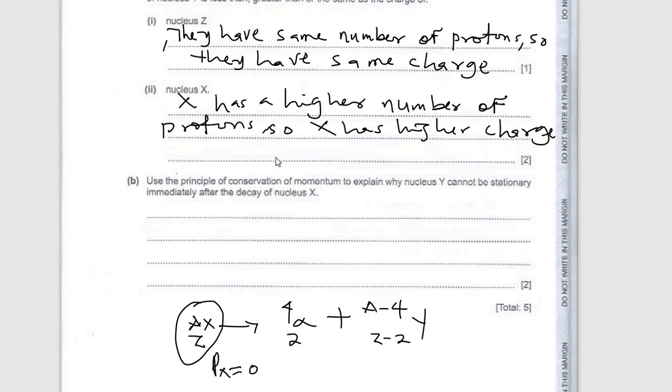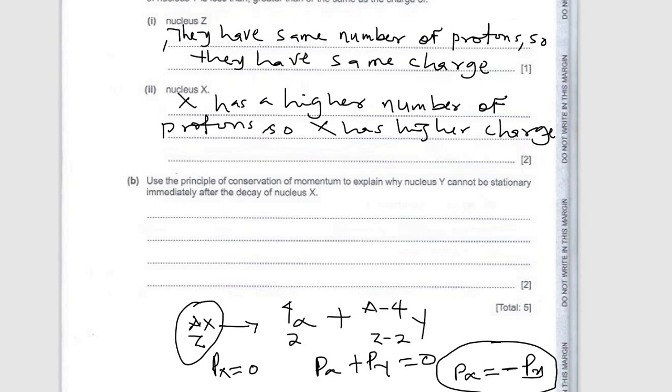Using the principle of conservation of momentum, momentum of alpha plus momentum of Y should be equal to 0. That happens only if momentum of alpha is equal to the opposite of momentum of Y. This is how conservation of momentum can be obeyed.